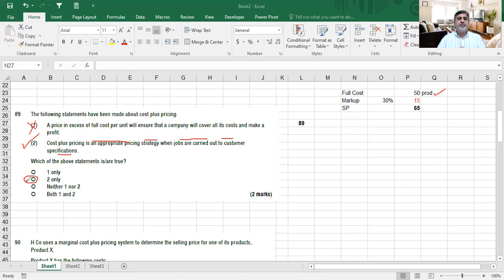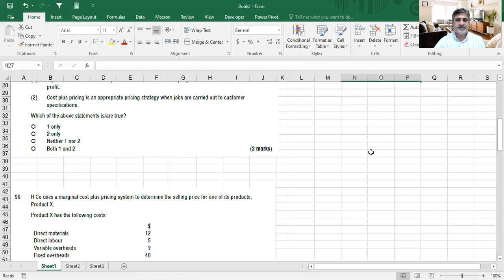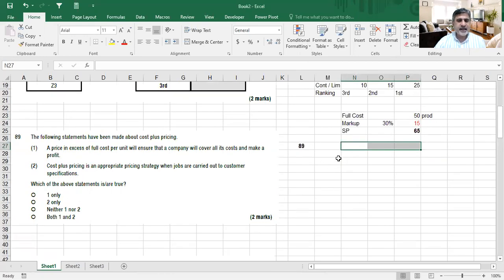So it is appropriate when jobs are carried out to customer specification, otherwise not. Okay, number 90. So 89, our answer is option number B, statement 2 is true.